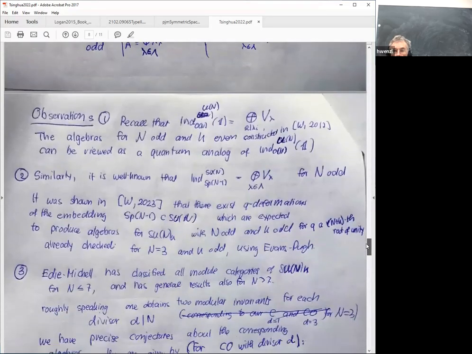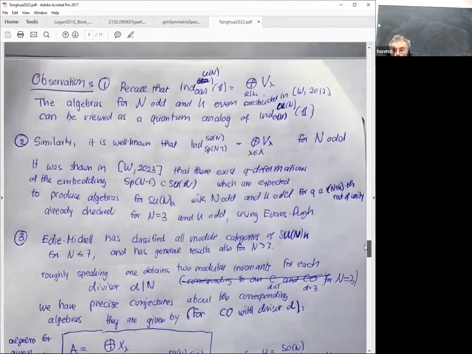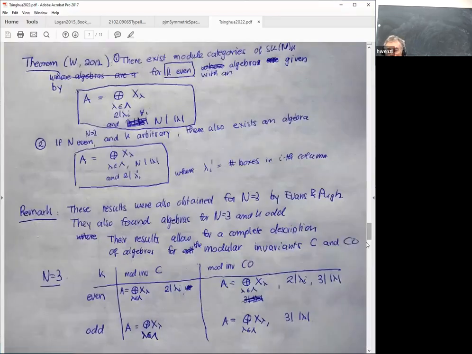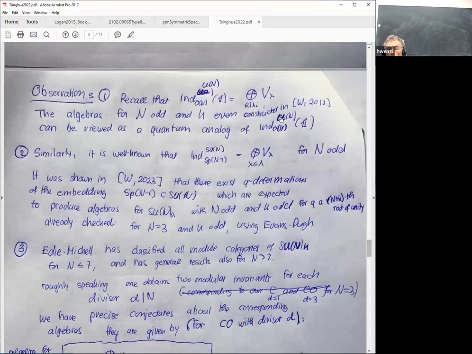All right, so some observations here. The first one is already what I said essentially, that the algebras here in this fusion category case can be viewed as truncations of algebras which appear from natural embeddings of orthogonal groups into unitary groups.